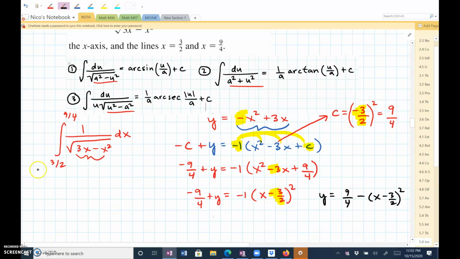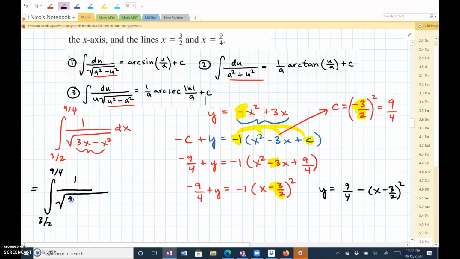So now I have this integral from 3/2 to 9/4 of 1 over the square root of 9/4 minus x minus 3/2 squared dx.